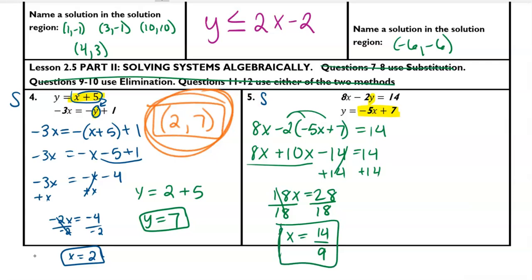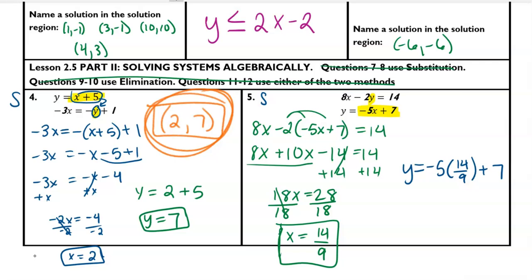We'll survive just fine. Okay, now we're going to take x and plug it back into the y equation to get y. So y equals negative 5 times x plus 7. When we multiply a whole number by a fraction, we'll do the whole number times the numerator and then divide it by the denominator.